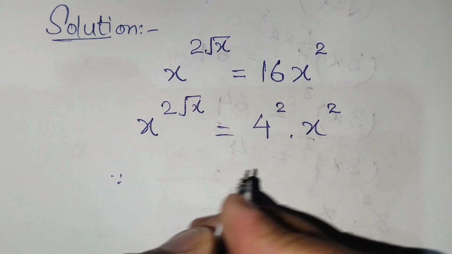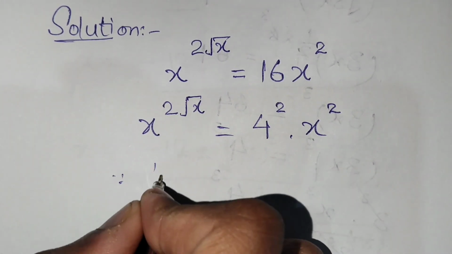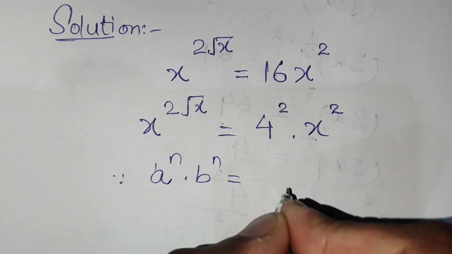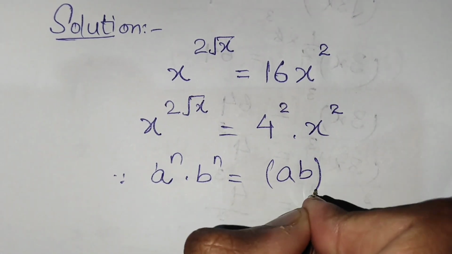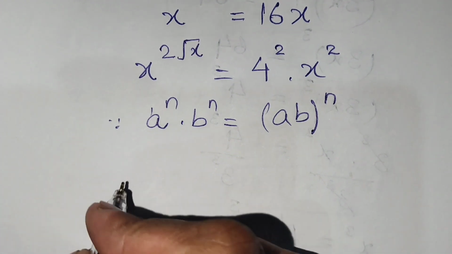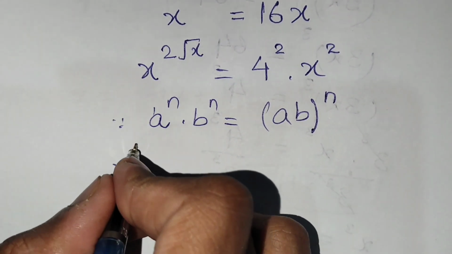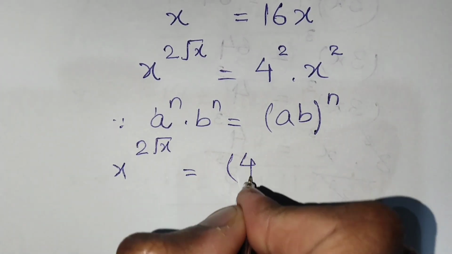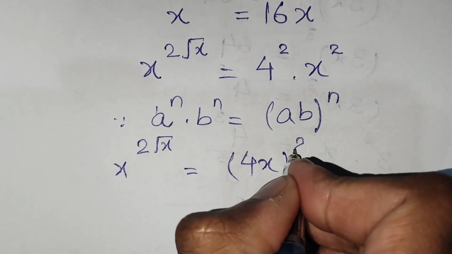Here we will apply a formula on the right hand side, that is a power n times b power n is equal to ab whole power n. So we have x raised to the power 2 times square root of x is equal to 4x raised to the power 2.